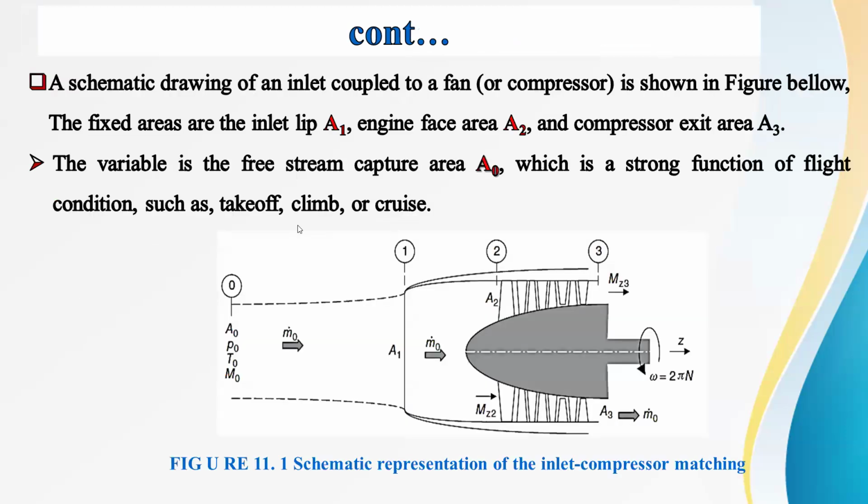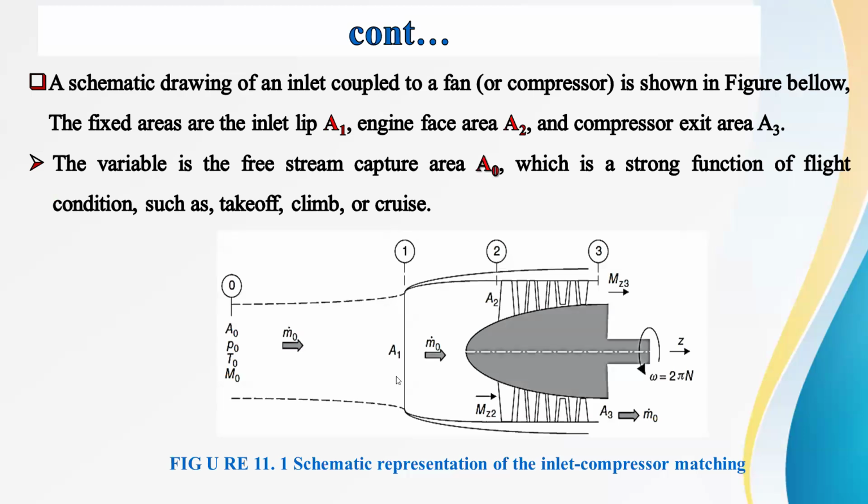So in the analysis of inlet compressor matching, we have this schematic. We are familiar with this picture from our previous chapters. We have the free stream conditions, A naught, P naught, T naught, M naught, which are the ambient conditions.